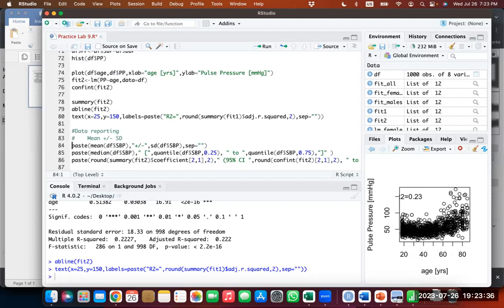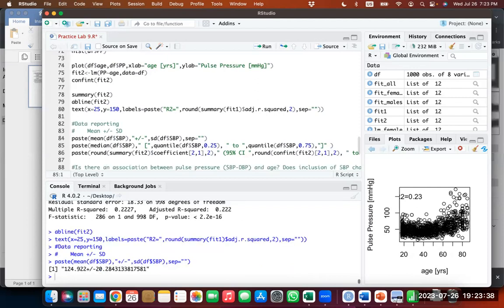So if you run line 84, oh well, that looks terrible. So you actually should be rounding that. So this is a mean estimate of the SPP plus minus, and this is indicated here between those two quotation marks, the standard deviation of SPP.